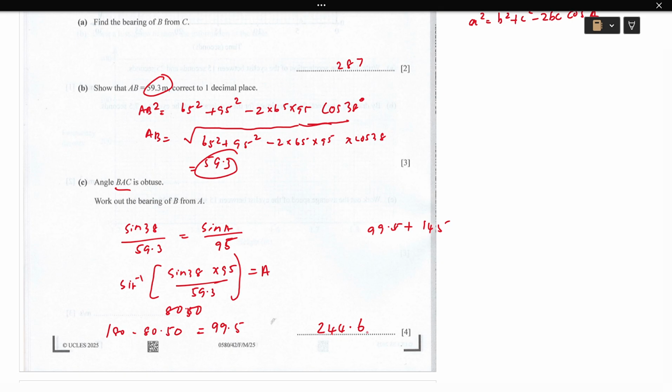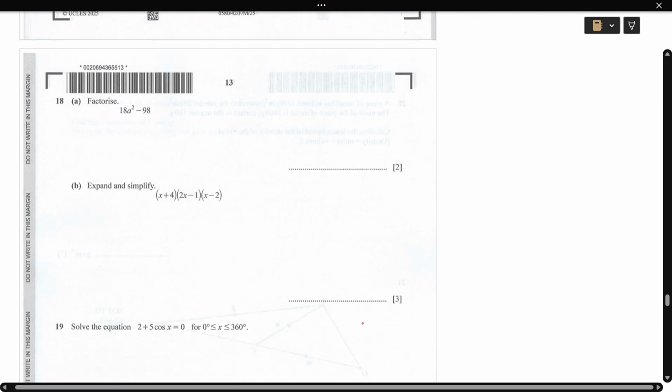Okay, so we'll get 244.5. We can write that also.